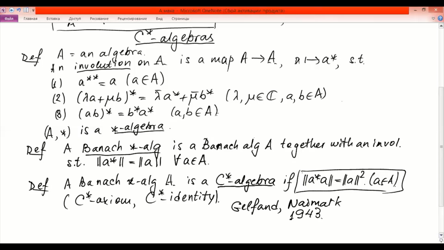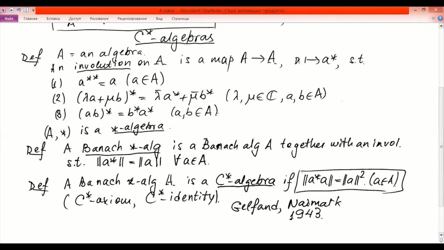And the term C-star algebra was suggested by Irving Segal in 1947. But it was not very popular until 1964, when an important monograph by Jacques Dixmier was published. After that, the term C-star algebra became standard. This paper by Gelfand and Naimark was very influential. Some people even say that this paper changed the face of modern analysis.